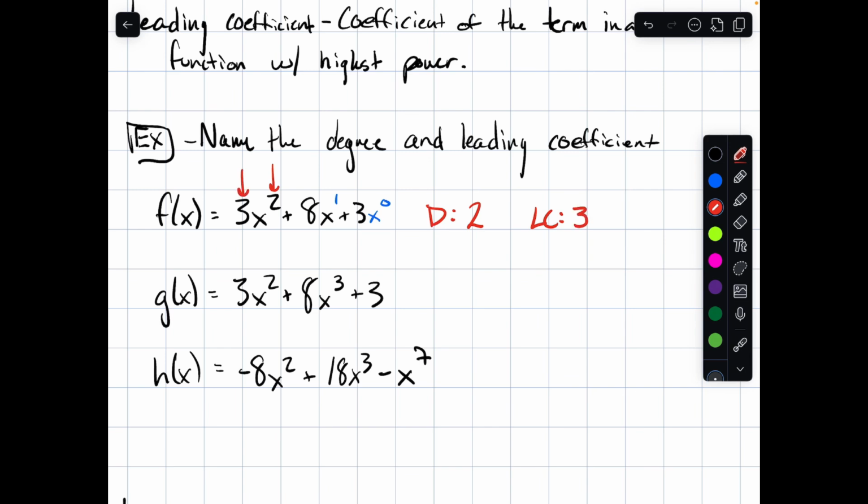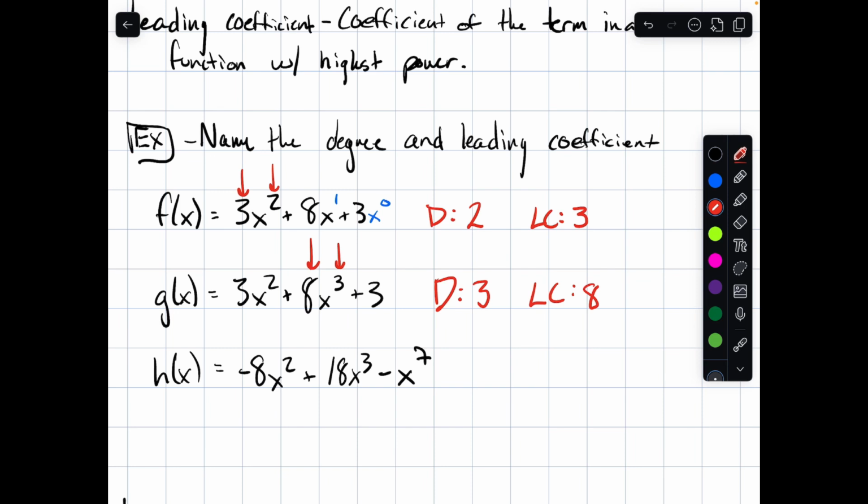So looking at g of x, the second one, we almost have the same exact function, but we can see that it is written slightly differently. We see that this 3 is our highest power, and that coefficient, the thing that's multiplying the x with the highest power, in this case is 8.